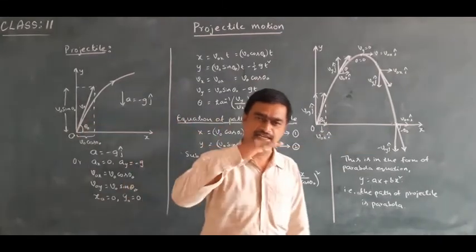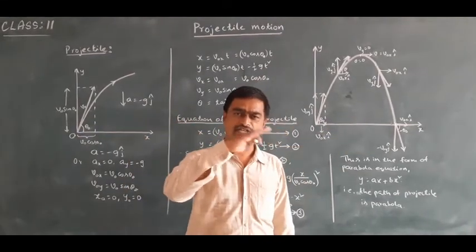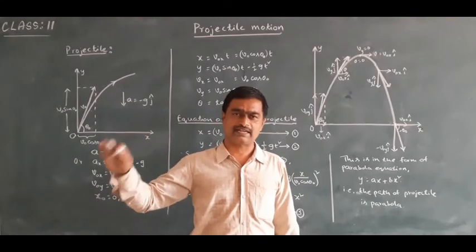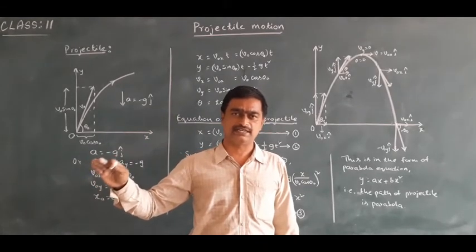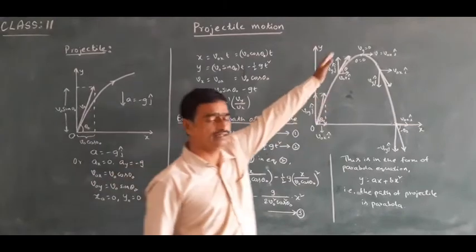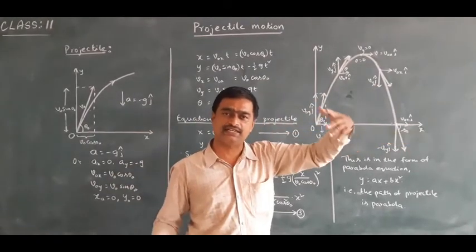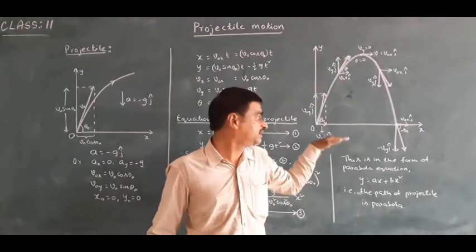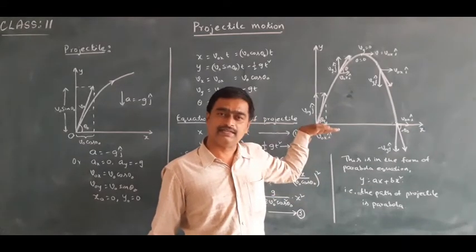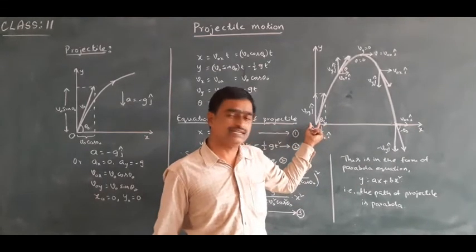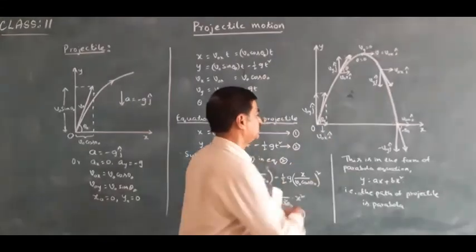See, initially the horizontal velocity is going to remain constant. Only the vertical component is going to change. At the highest point, we have only the horizontal component for velocity, which is equal to the horizontal component right from the beginning, from the initial stage. It is going to remain constant.